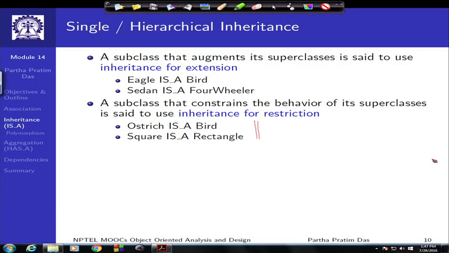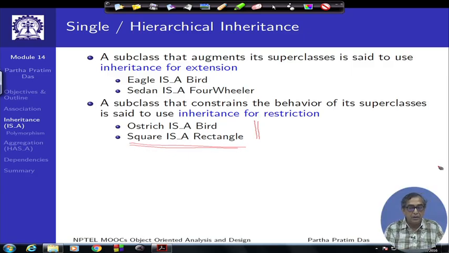Similarly, we will say square is a rectangle. What is a rectangle? All its internal angles are right angles, 90 degrees. Square satisfies that, so square is a rectangle. But when we say I have a square, then I have the additional restriction that the sides will have to be equal, which is not so for the rectangle. So, here when we specialize, we are imposing further restriction on the subclass.